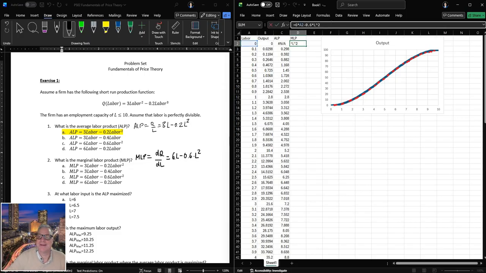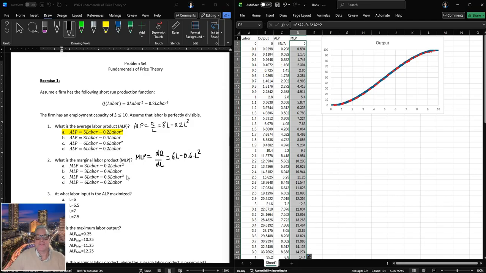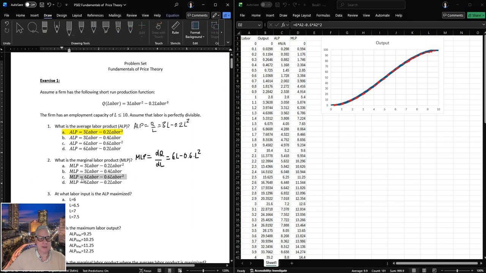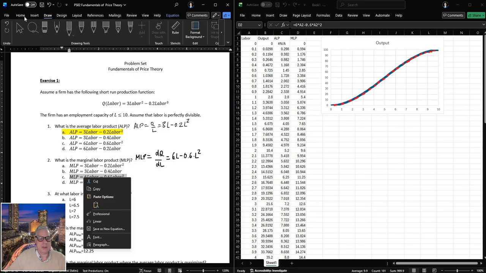Oh, of course I cannot type L squared. I have to pick it up from here. Okay, so we can copy this down. And so the right answer here is 6L minus 0.6 L squared, so that looks like C.